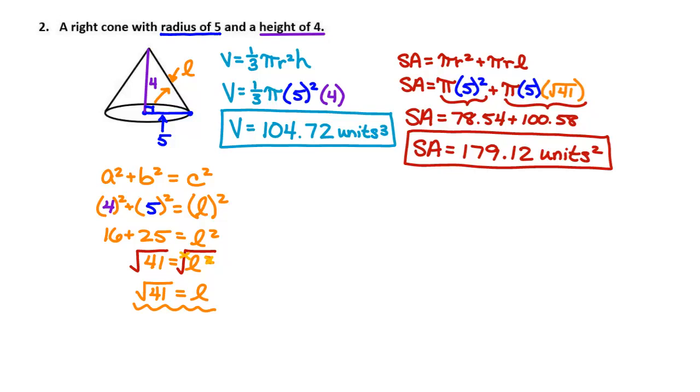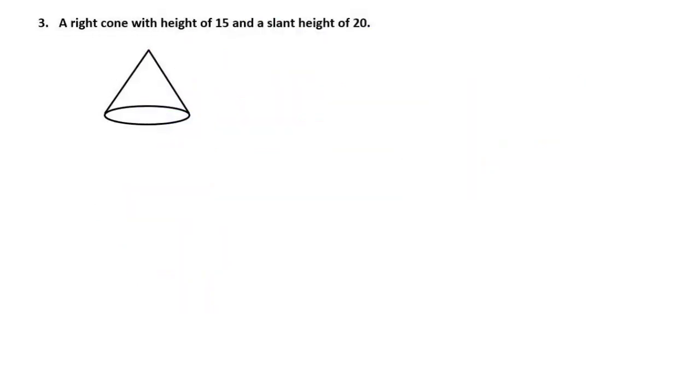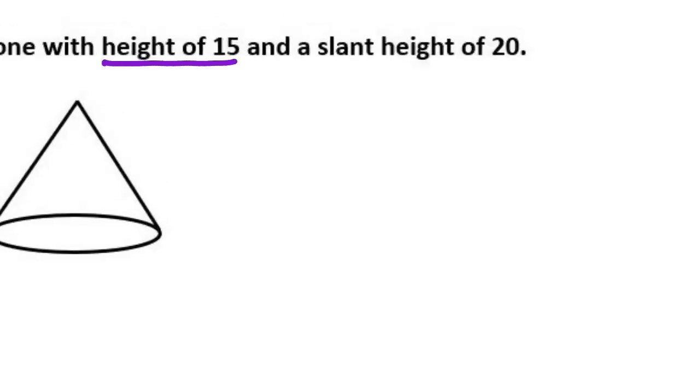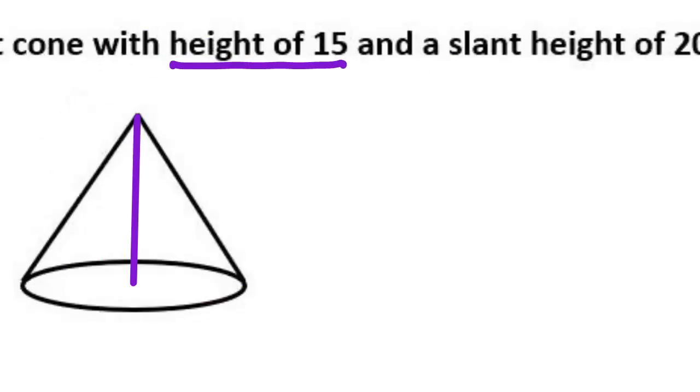All right. We've got one more to look at. Let's look down at number 3. What did they give us on number 3? The height and the slant height. So our height of 15, that's going to go right here.